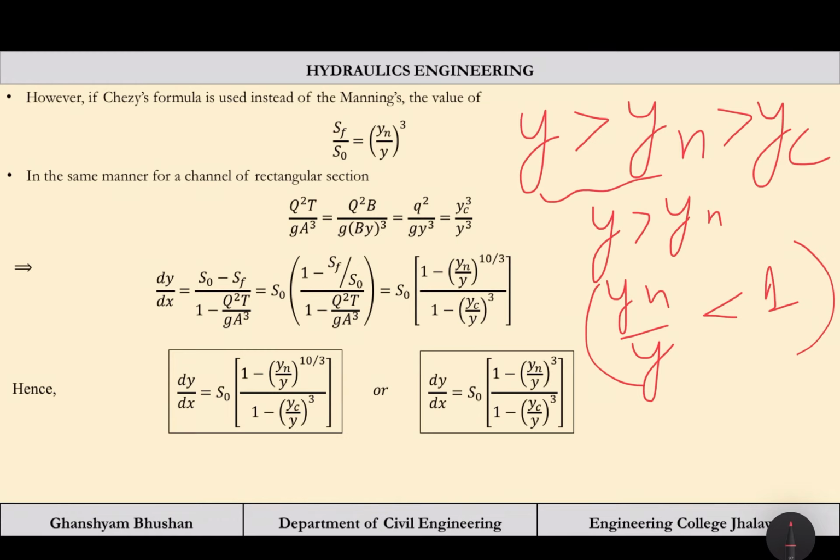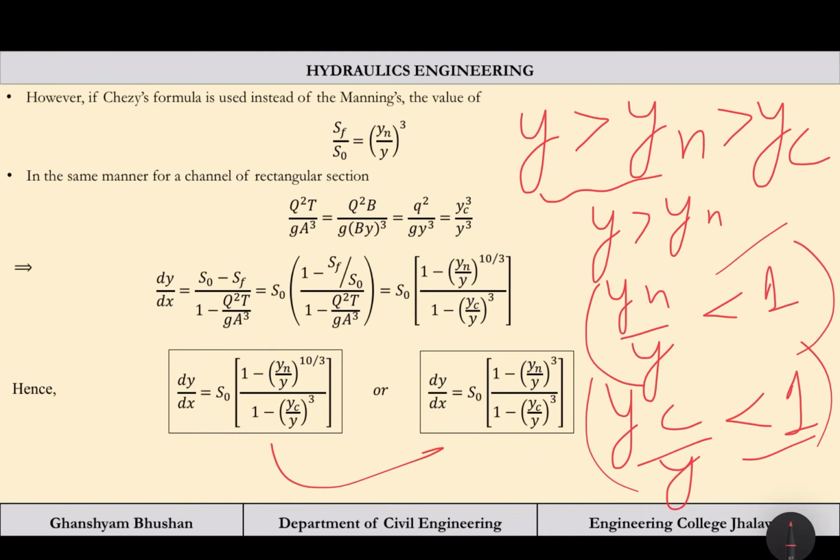And again y is greater than yc, so yc by y will also be less than 1. If this is less than 1 and this is also less than 1, then 1 minus something less than 1 will be positive, and also 1 minus something less than 1 is positive. You can use any equation because only the power is changing. So that means dy by dx will be positive.